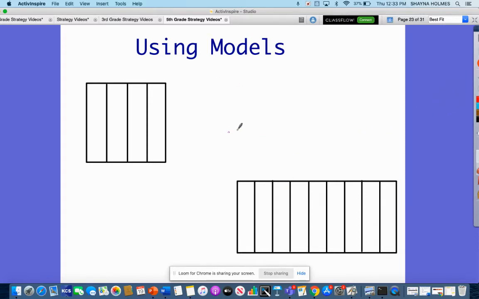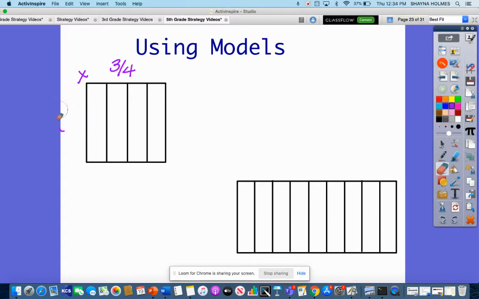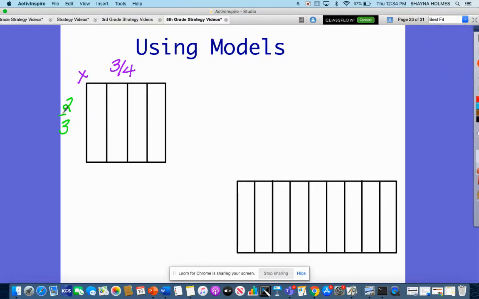So I've already got two models right here. Our very first problem is going to be 3/4 times 2/3. I already have this divided into my 3/4, and I'm going to do 2/3 down here. Actually, let me use a different color here on the side. Let's use green, 2/3 here on the side.